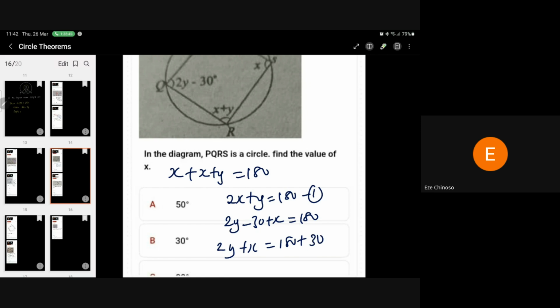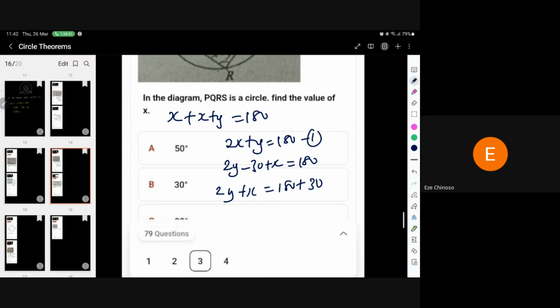So you have 2x plus y equal to 180, then x plus 2y is equal to 210. Equation 1, equation 2. You now solve simultaneously to get the value of x. Is that okay? Yes. All right. So that's how to simplify those variables.